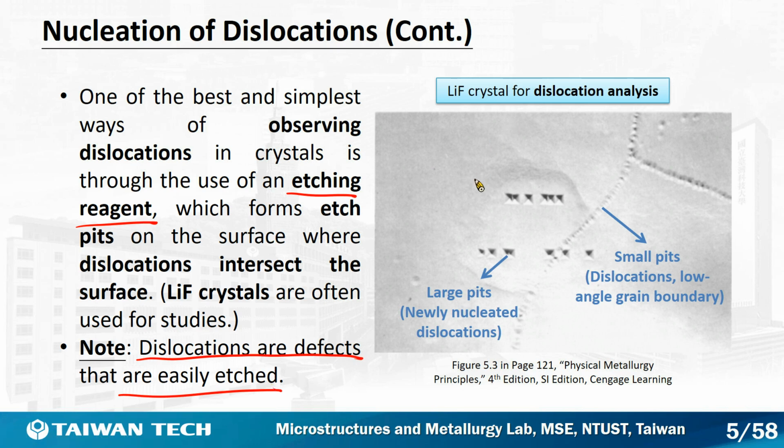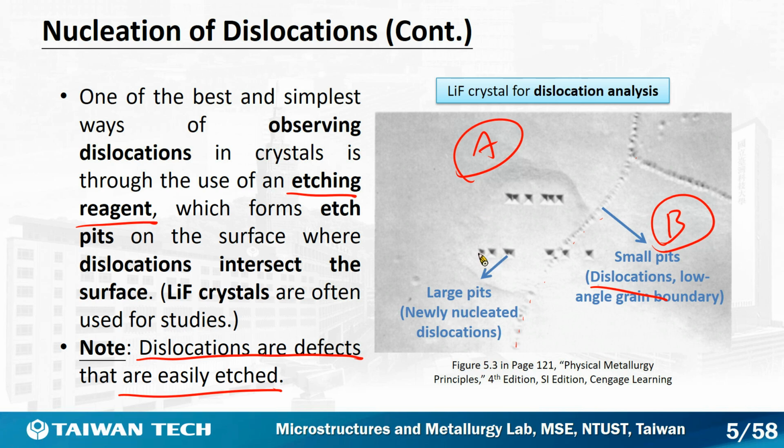So for example, this is grain A, this may be grain B, this is the grain boundary or dislocations. And then the dislocations, because they are defects, when you use the etching process, these regions with dislocations will be etched at a higher rate.